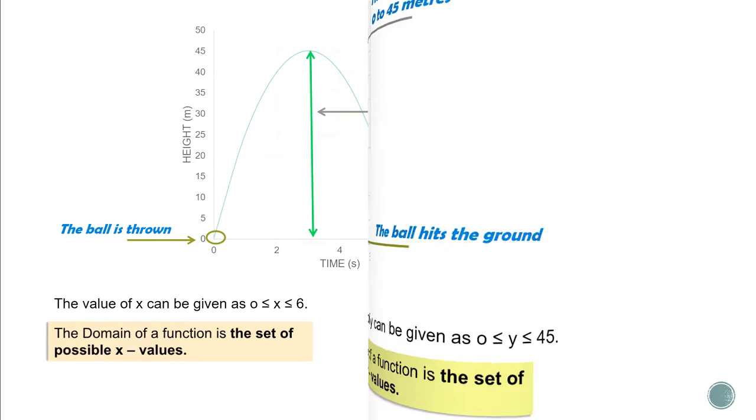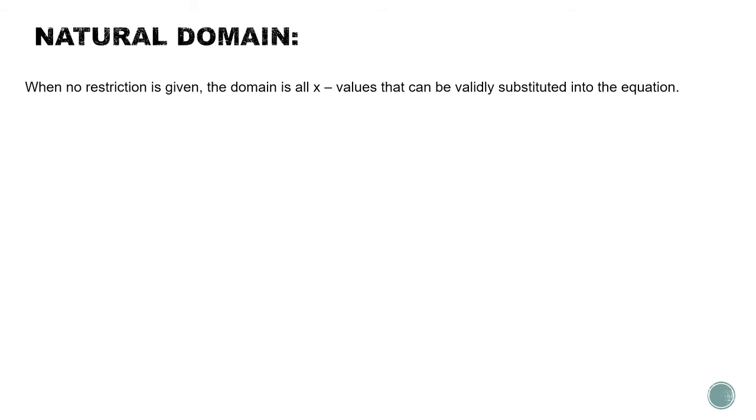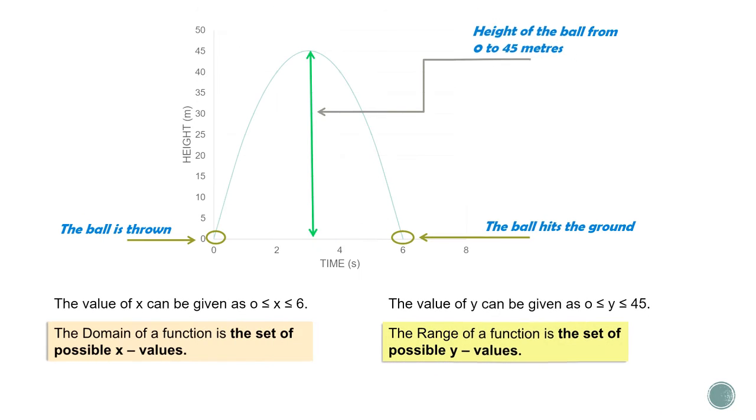So that's how you are able to find out the domain and range of the function. One more thing that you need to understand is natural domain, that you will come across in certain examples. When there are no restrictions, then the domain basically is determined as all the possible x values that can be validly substituted into an equation. In our previous case, the graph is bounded at these 2 points, meaning the event is starting here and ending here.